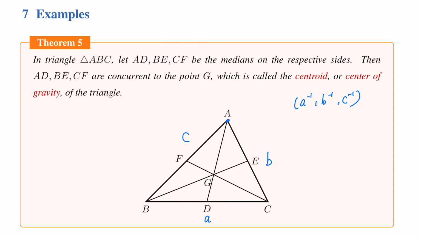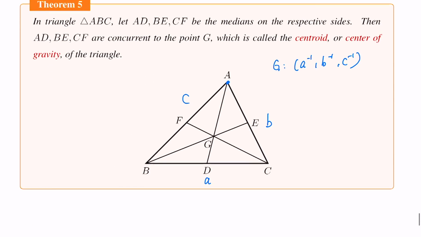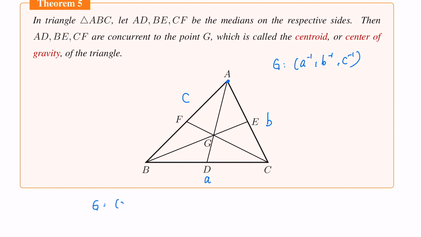So this is G. Let me write it here. G has coordinates A minus 1, B minus 1, C minus 1. How about A? A is 1, 0, 0. How about D?